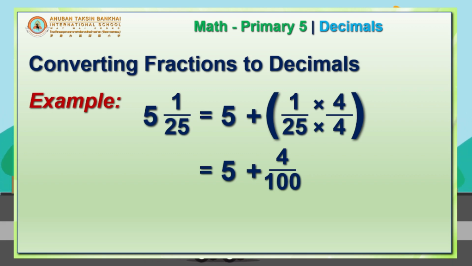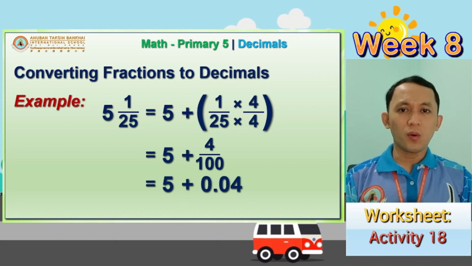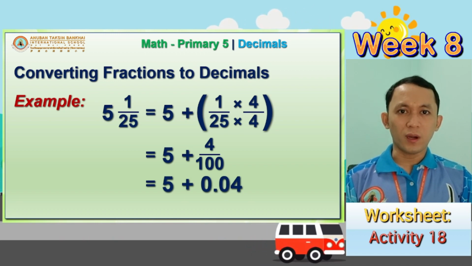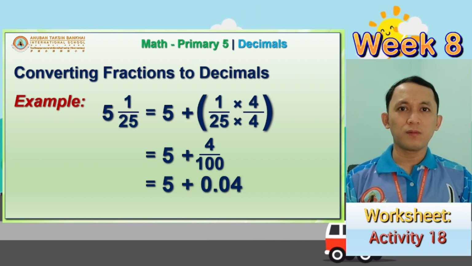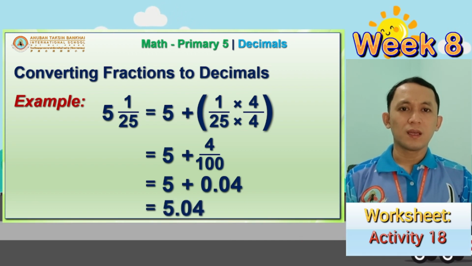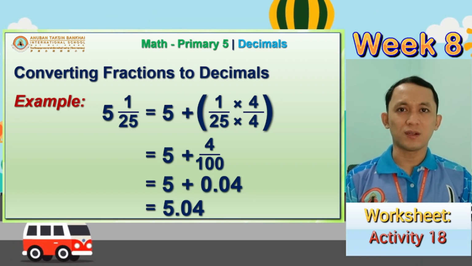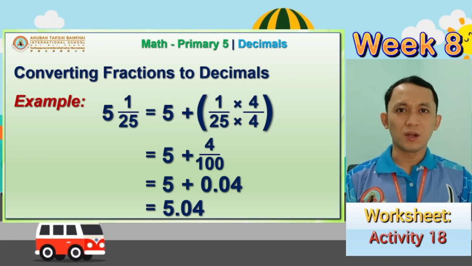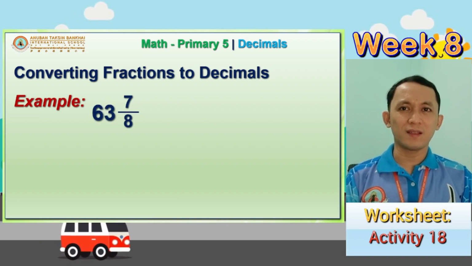So if we change our fraction to decimal, we can write it as 0.04. Now, if we add 5 plus 0.04, our final answer would be 5.04. Let's have one more example before we end this discussion.